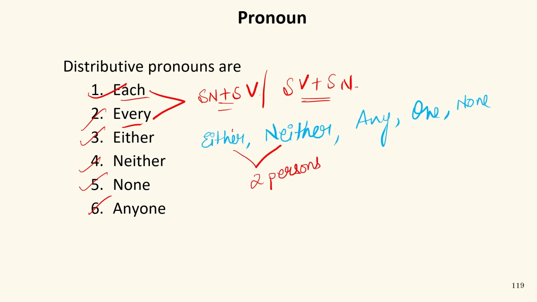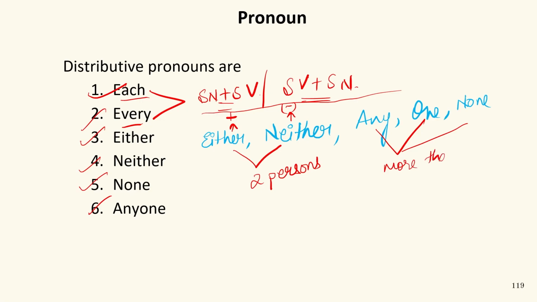Now, either is used in a positive sense if the sentence is positive. But if the sentence is negative, we use neither. It means neither states no one of it or nothing of it, but either states one option from those two options. Now, any one and none are used in case of more than two persons.